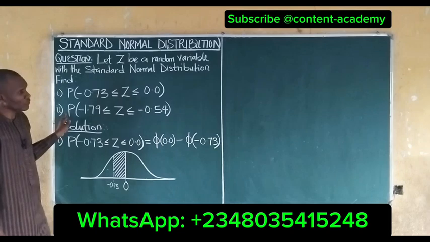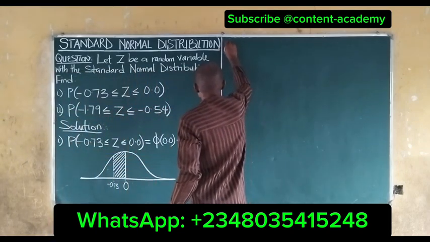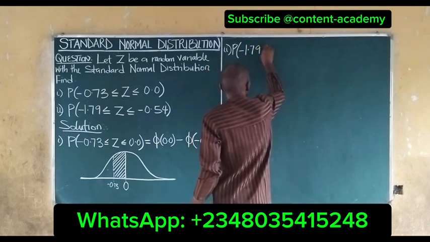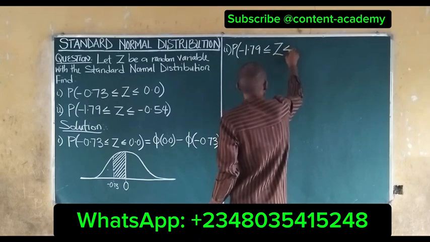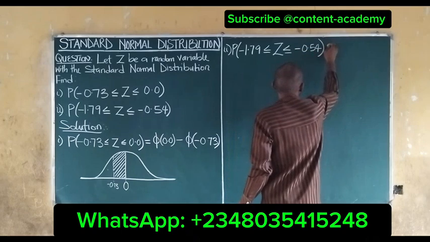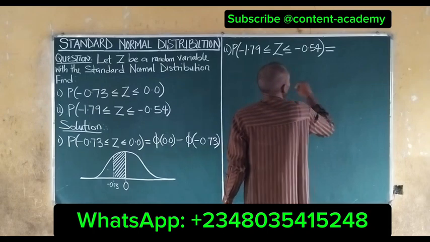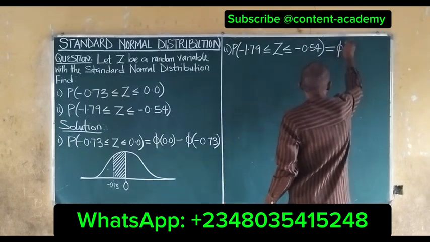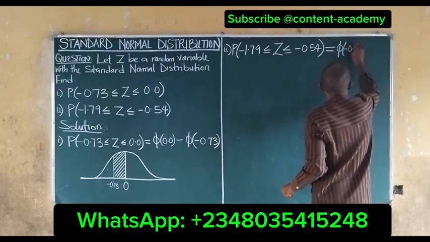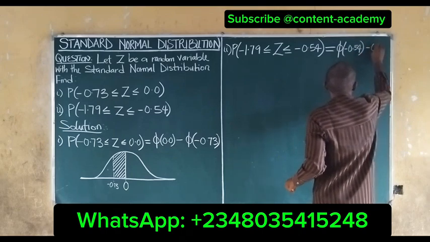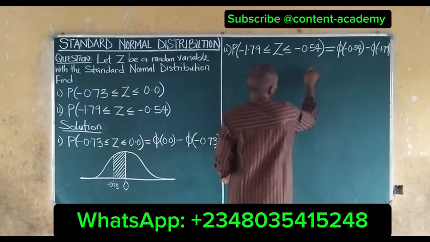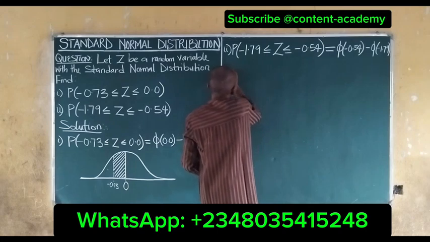The next one is our number 2 question. We have the probability of negative 1.79 is less than or equal to Z is less than or equal to negative 0.54, which is equal to Φ(negative 0.54) minus Φ(negative 1.79).